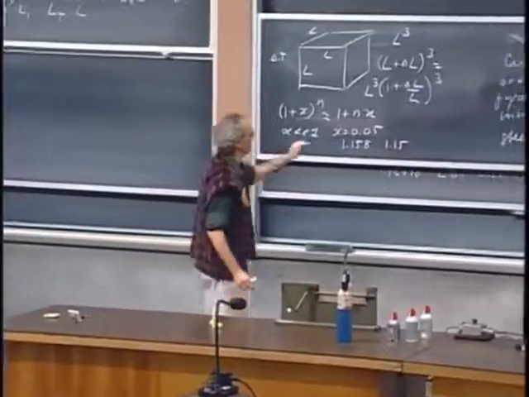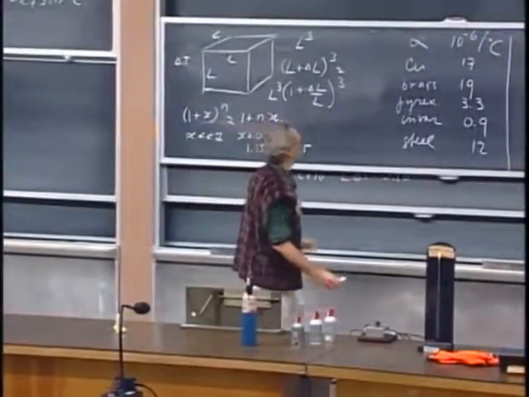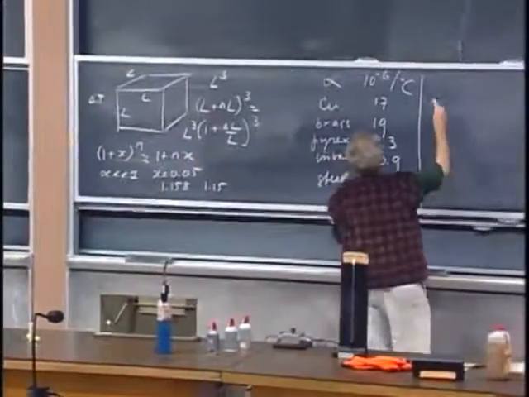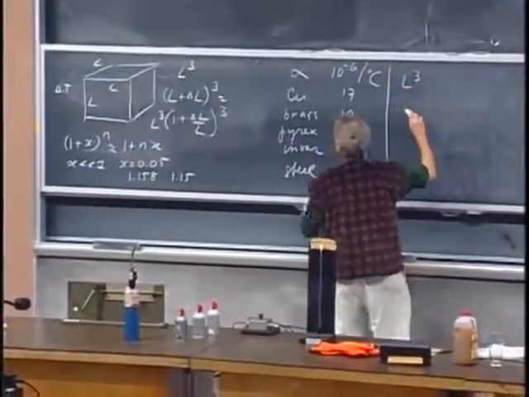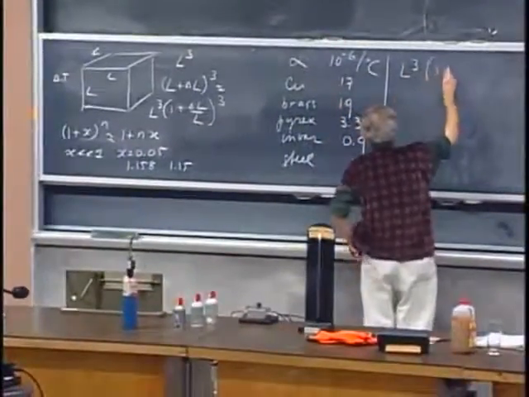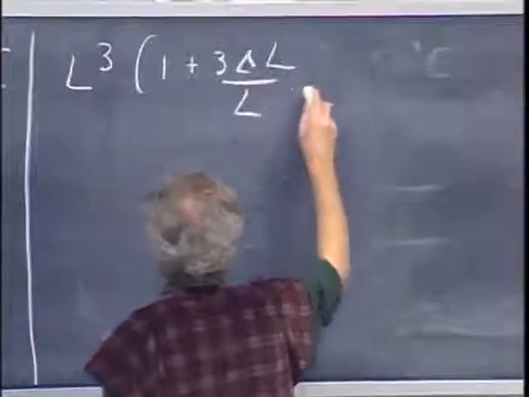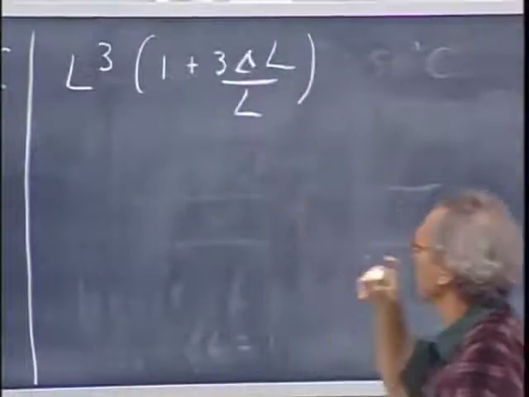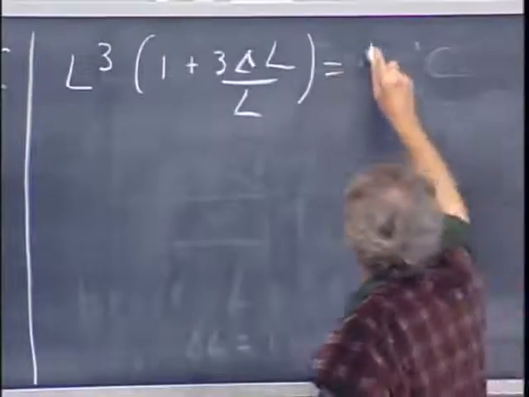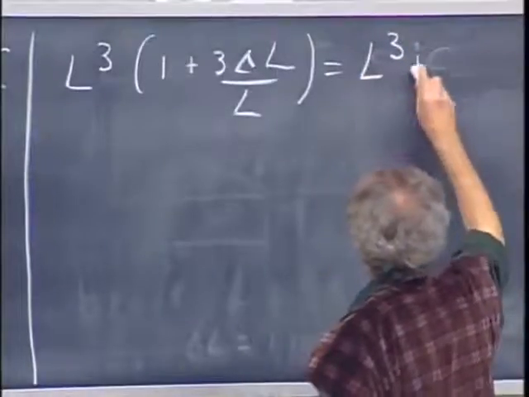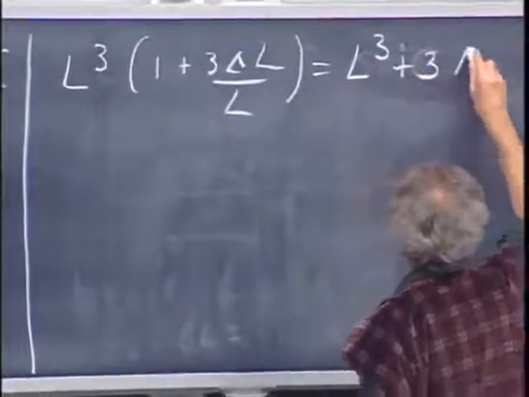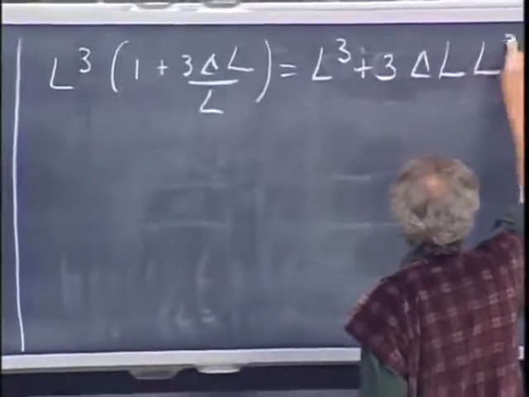So I will use the same approximation here, and so we're going to get L to the third times (1 plus 3 delta L divided by L). So that is L to the third plus 3 delta L times L squared.